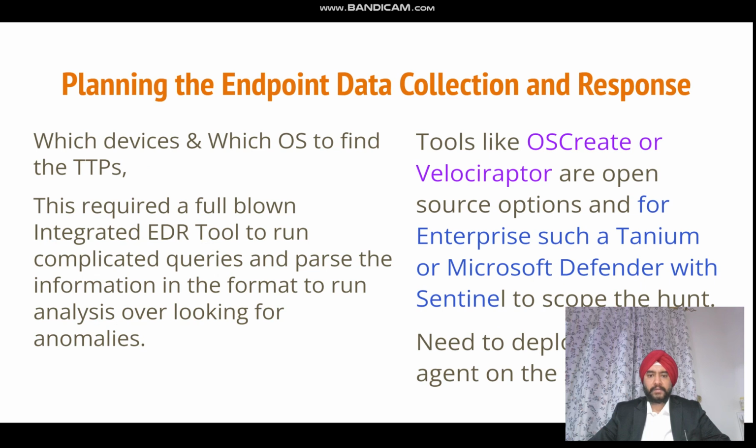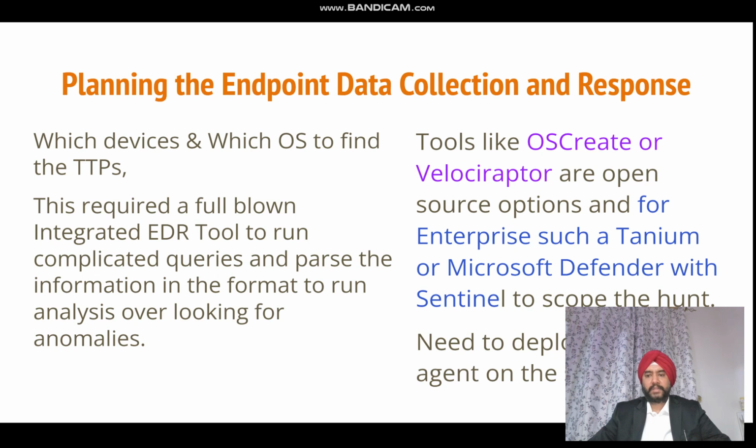And what kind of data has to be collected for response purposes has to be decided depending upon the hunt scope: what are the devices, and which operating systems are there, to find out the TTPs. This really requires a complete integrated EDR tool to run the complicated queries, and it can bring the information in a format that can be used for finding the anomalies.